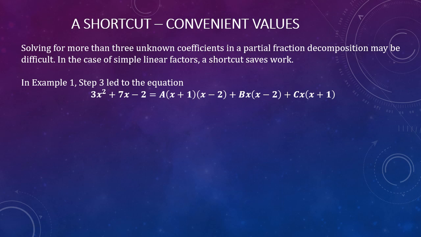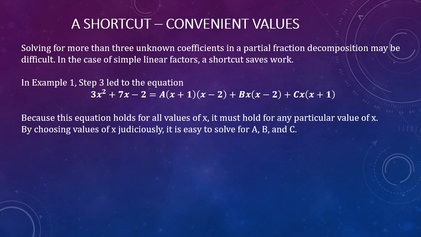In example 1, step 3 led to the equation 3x squared plus 7x minus 2 equals a times the quantity of x plus 1 times the quantity of x minus 2 plus b times x times the quantity of x minus 2 plus c times x times the quantity of x plus 1.